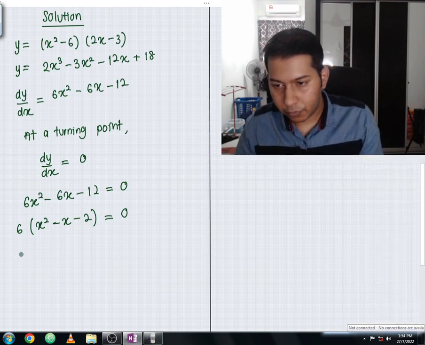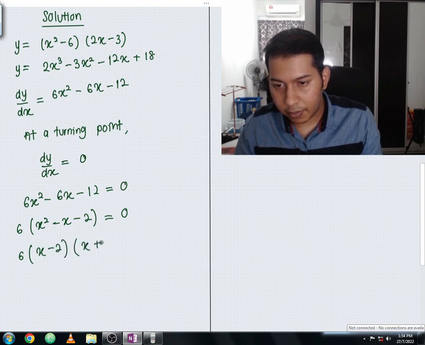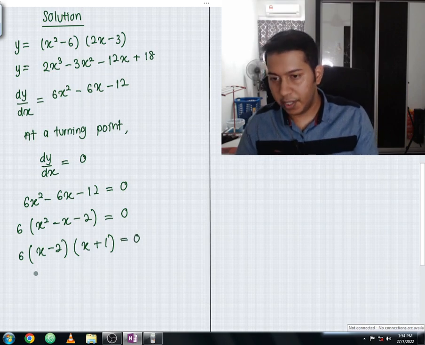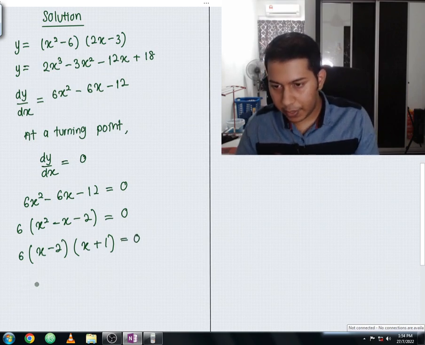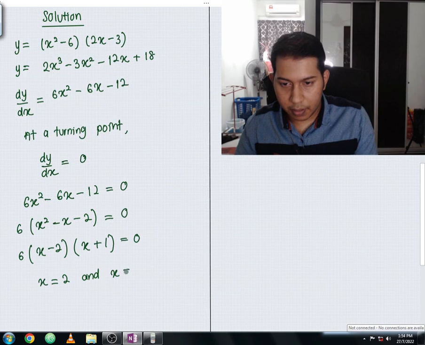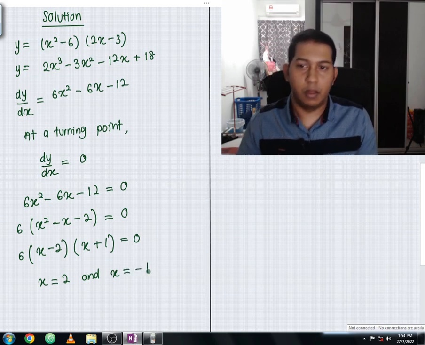Okay, so 6 in a bracket, x minus 2 and then x plus 1 equals to 0. So from here you get your x equals to 2 and x equals to negative 1.